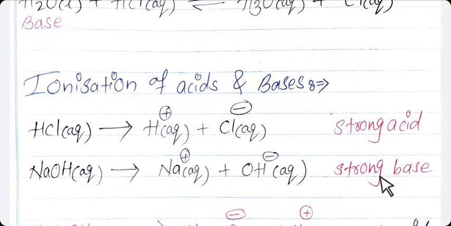Strong base gives more number of OH minus ions in its aqueous solution. Weak base gives less number of OH minus ions in its aqueous solution. Means strong base almost completely dissociated in water and weak base partially dissociated in water.